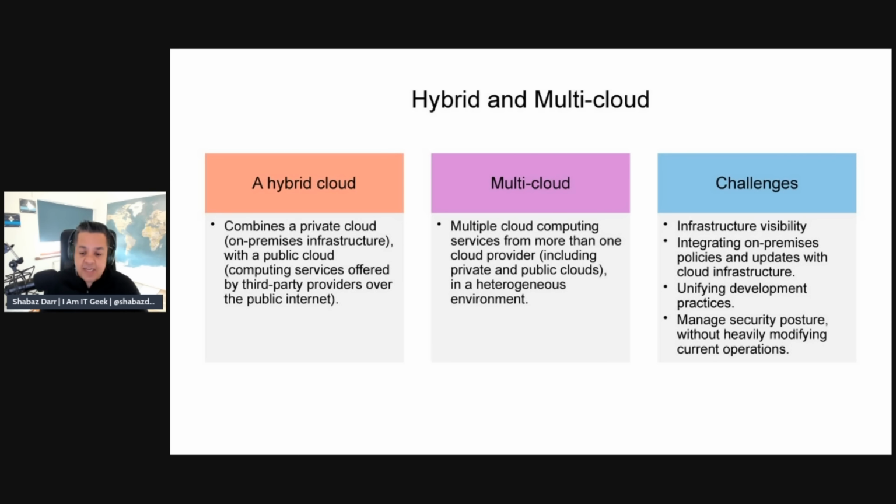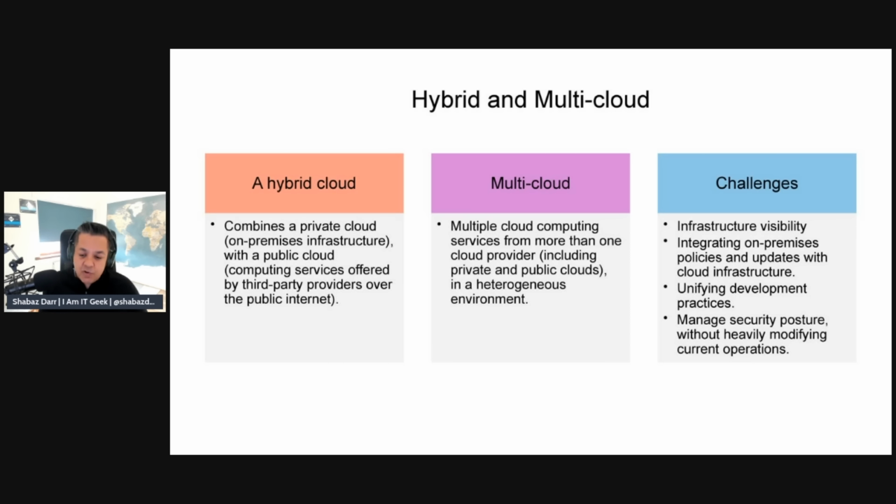Organizations understand the need for implementing a governance standard throughout your environment. There's a wide range of skills across on-premises and cloud because there are often different application development teams in your organization. Customers are also looking for consistent interoperability between the two so they can unify those development practices. There's a desire to manage security posture without heavily modifying current operations as well. Cloud and multi-cloud compounds this challenge.